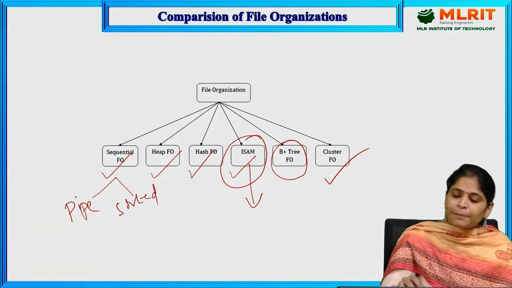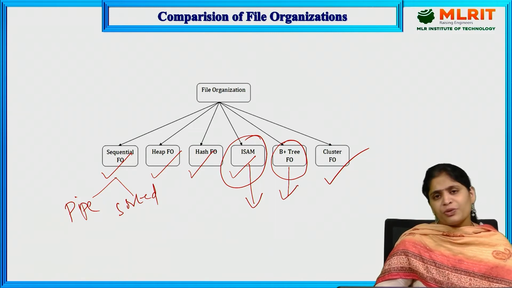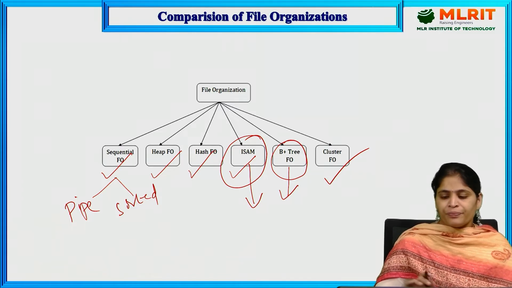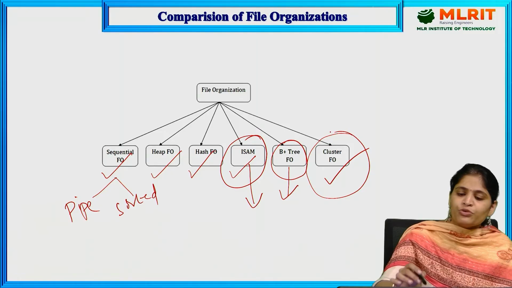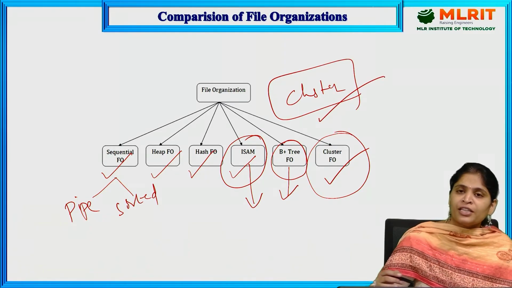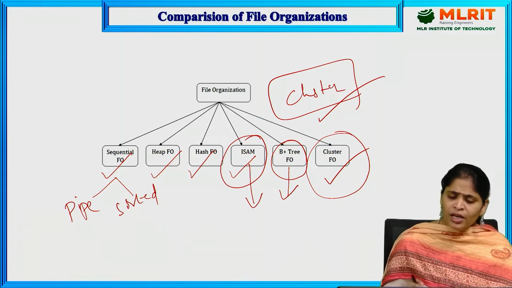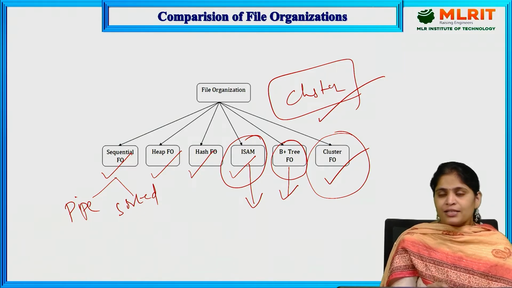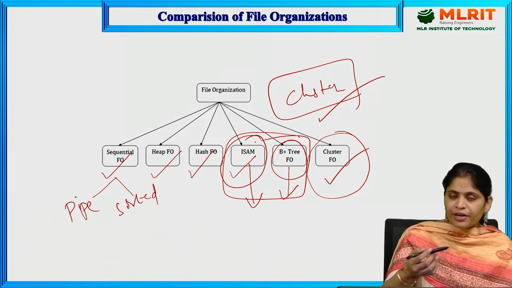B plus tree file organization is also a tree structured file organization which stores the elements in a hierarchical manner, that too in a sorted order. Next, clustered file organization: here we use a cluster key to join 2 or more tables. We use one key, that is what we call the clustered key. So these are different types of file organizations. Out of these 6 we have already dealt with some; for these 2 we will deal with them in our next sessions.